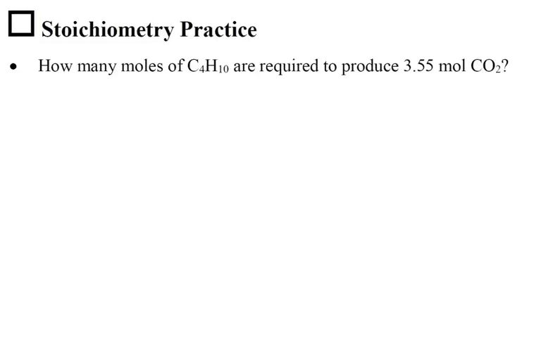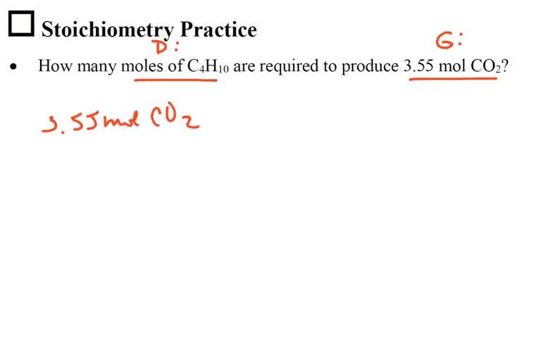Now, we start out: how many moles of C4H10 are required to produce 3.55 moles of CO2. So this is our given value, it's got a number, and this is our desired unit, and that's important. So we're going to start off with 3.55 moles of CO2.